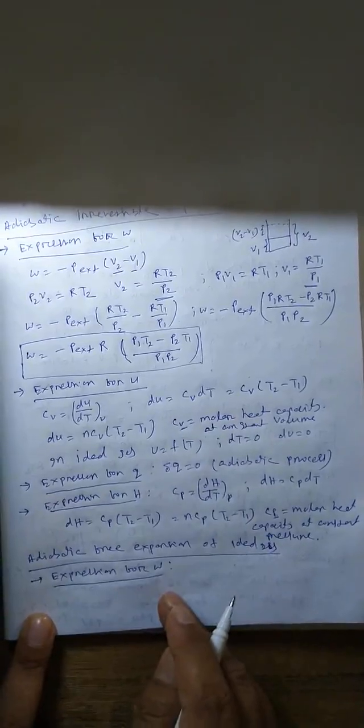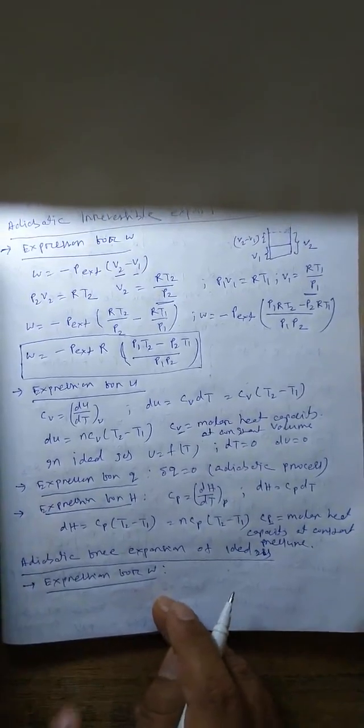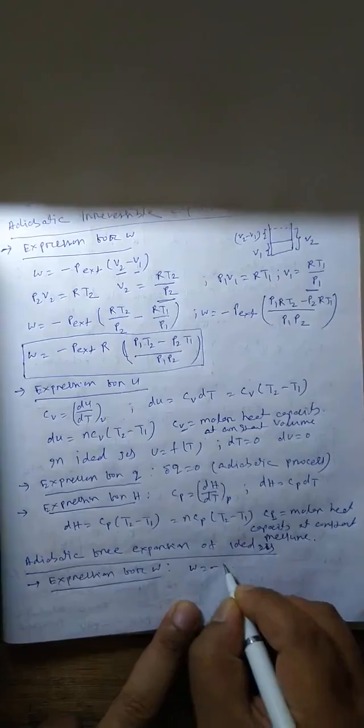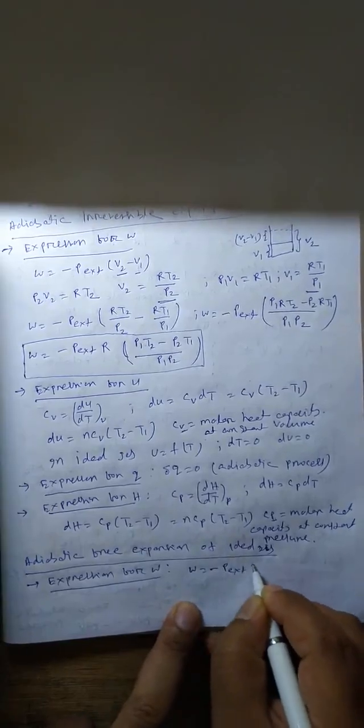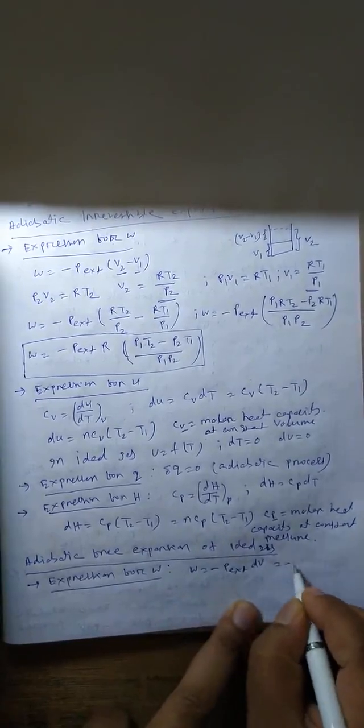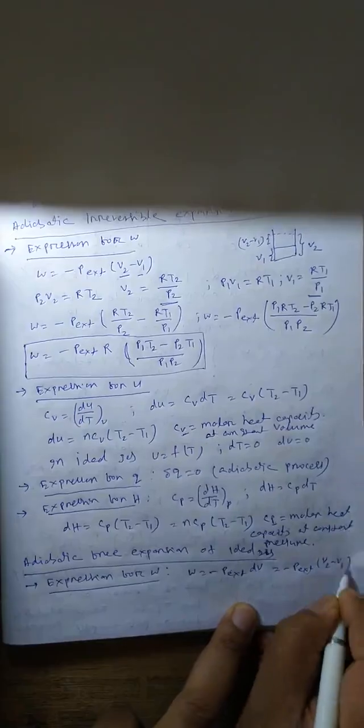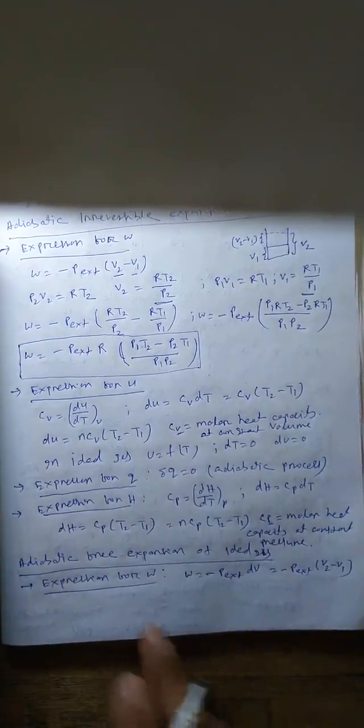In the expression for W, it is free expansion. Free expansion means we know that work done is equal to minus P external dV, or minus P external (V2 minus V1).